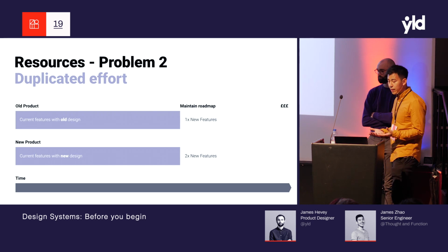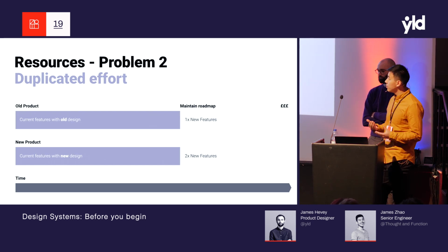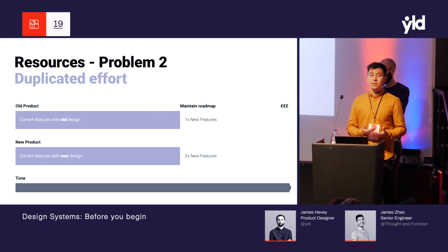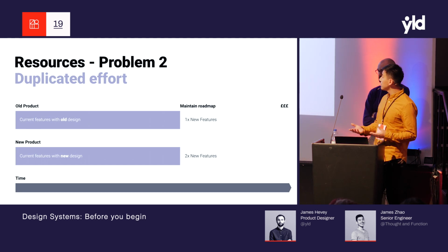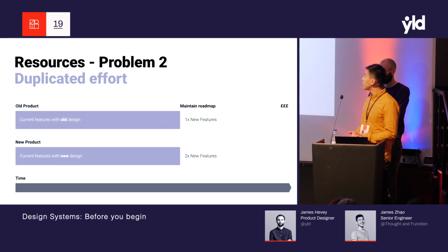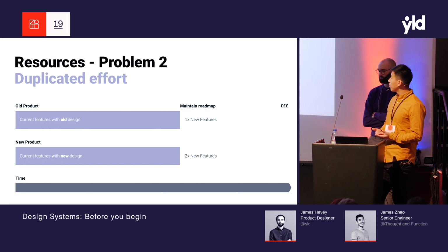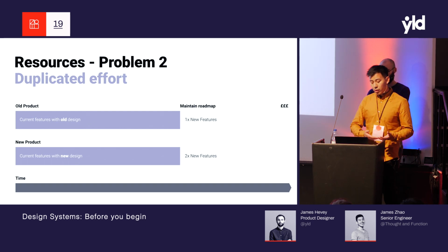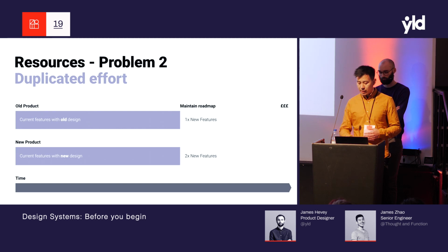So let's just assume that you built your initial set of components and you're ready to replace your existing application with your new application using your shiny new components. We bump into a very similar problem because with an active roadmap, you've got new features being introduced, and now these features have to be built twice as well, both in the old and the new application, so duplicating our efforts.